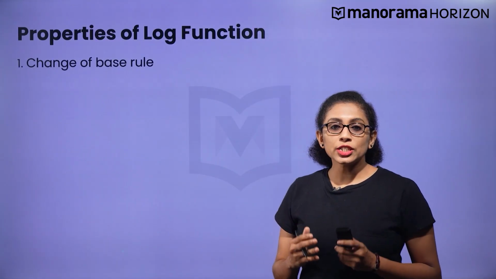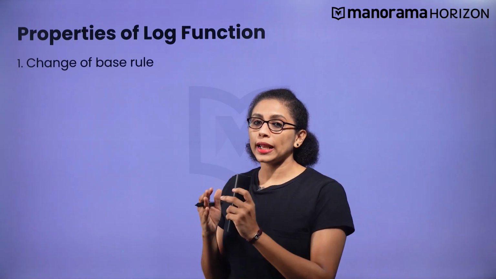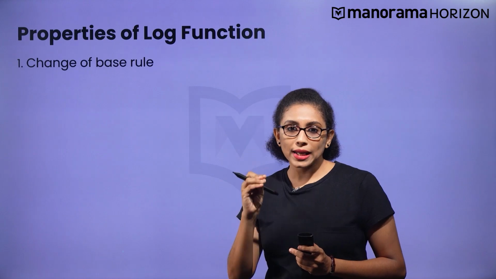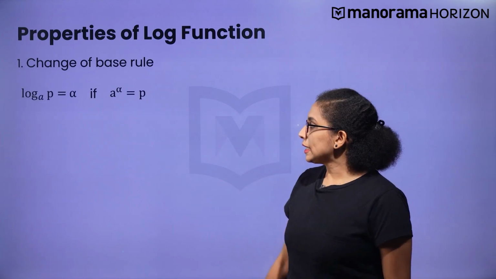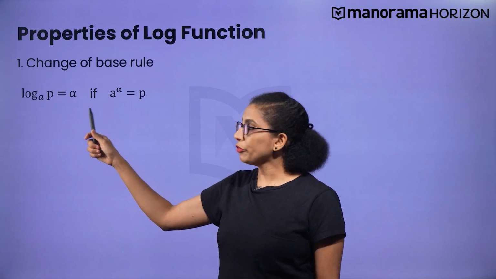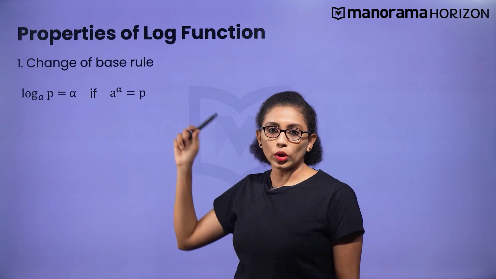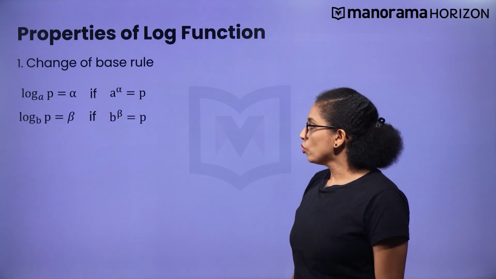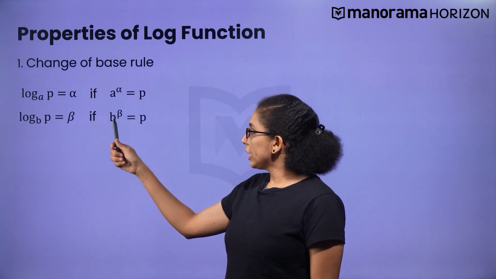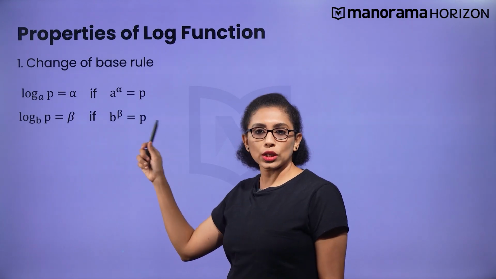There is a standard change of base rule to obtain log p to the base a in terms of log p to the base b. So, let log p to the base a be equal to alpha if a raised to alpha is equal to p. Now, log p to the base b is equal to beta if b raised to beta is equal to p.